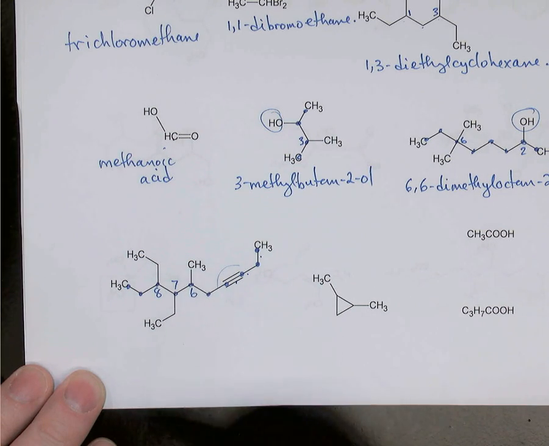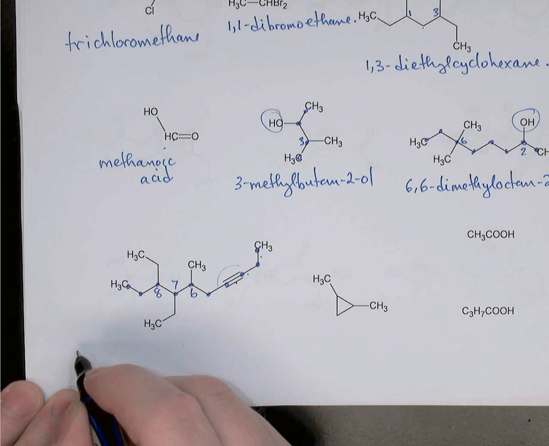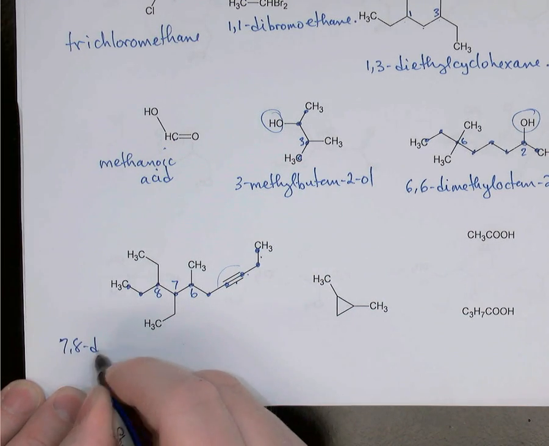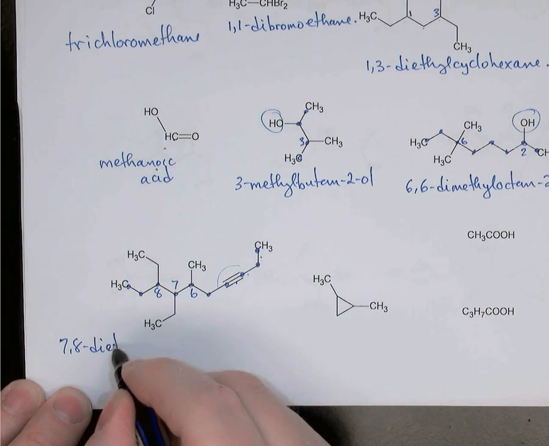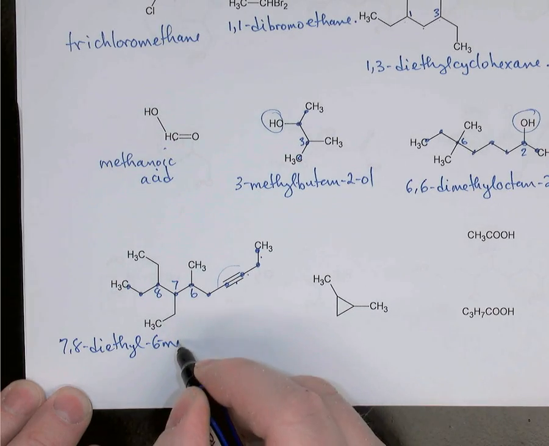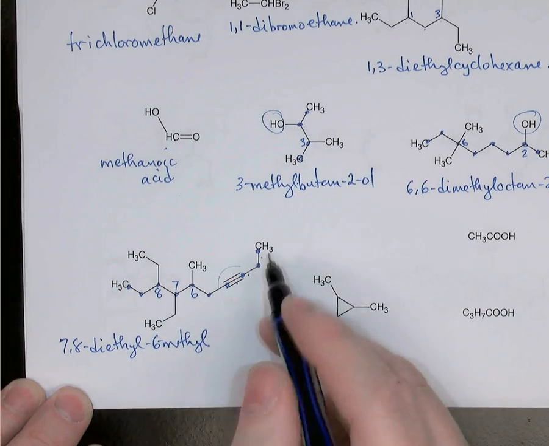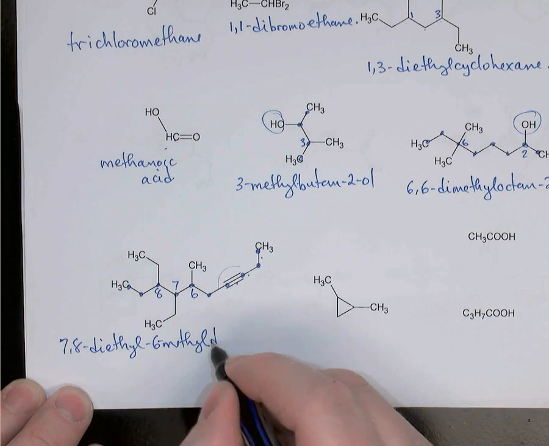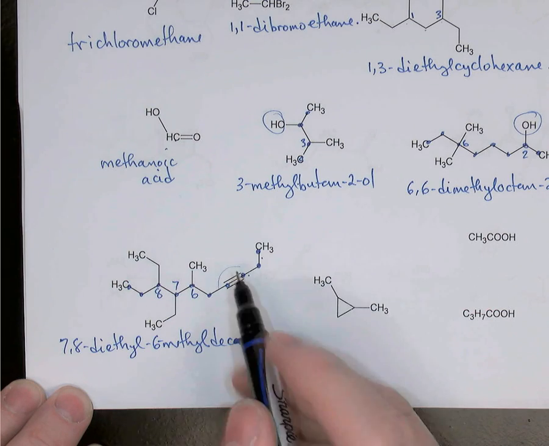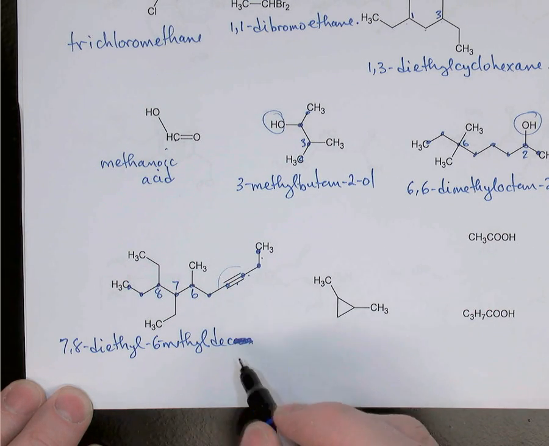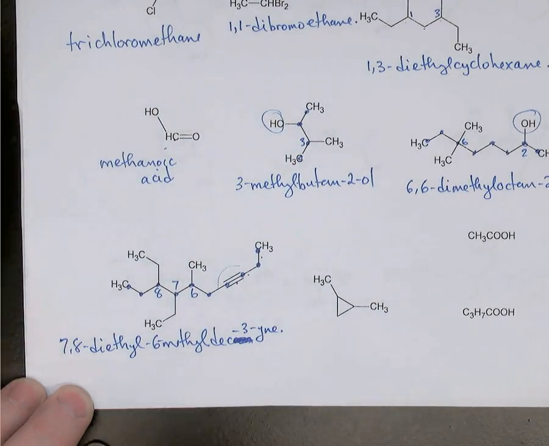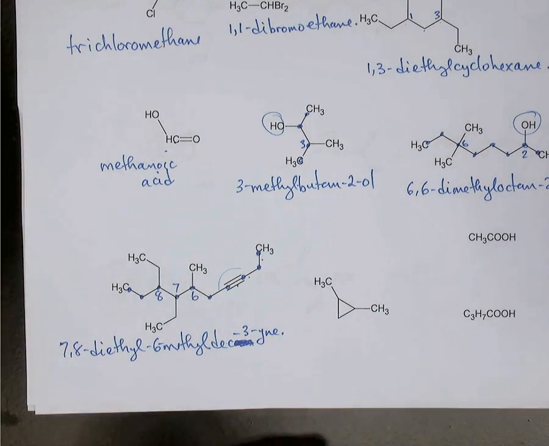Carbon 6 has a methyl branch. We name ethyl before methyl, so we'd have 7,8-diethyl, 6-methyl, and then there were 10 carbons total, so decane, dec, and then the third bond was the triple bond, so dec-3-yne. It's a triple bond, so it's an alkyne.